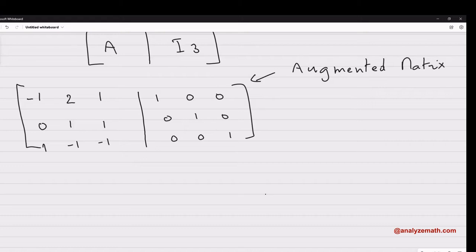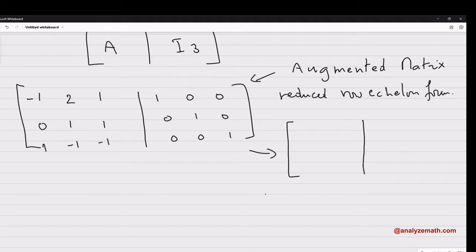What we need to do is rewrite it in reduced row echelon form. What does it mean? We need to rewrite the augmented matrix in this form.